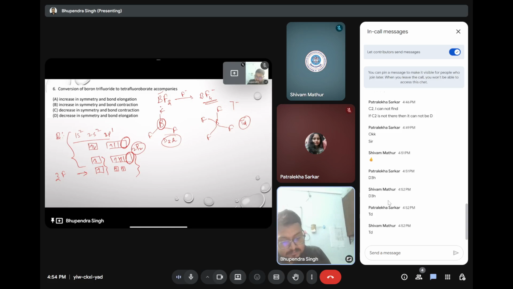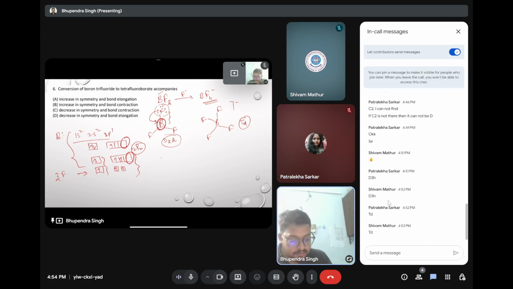Here this fluorine is having lone pairs. So there is a chance of back bonding, because the fluorine has extra electrons and a vacant orbital is there. If back bonding is happening, the bond will be stronger and shorter.